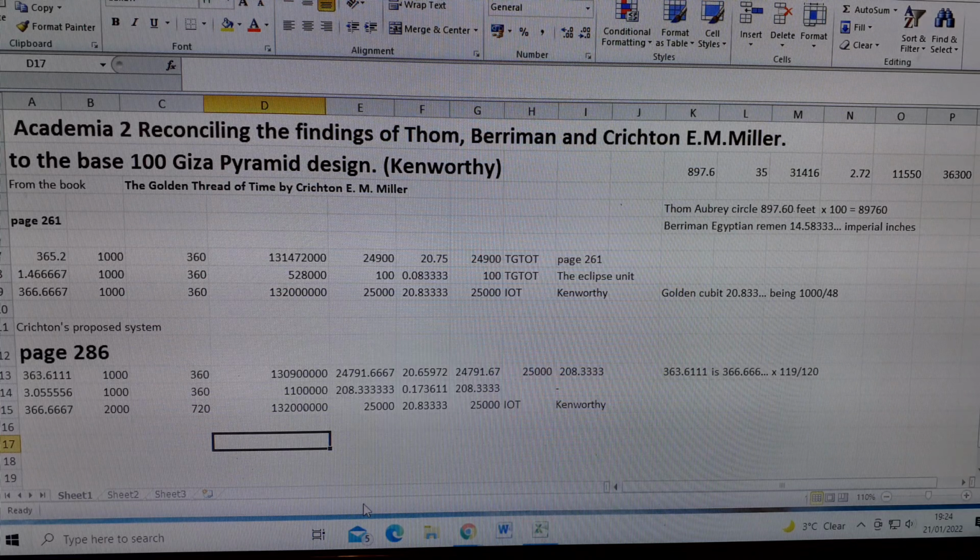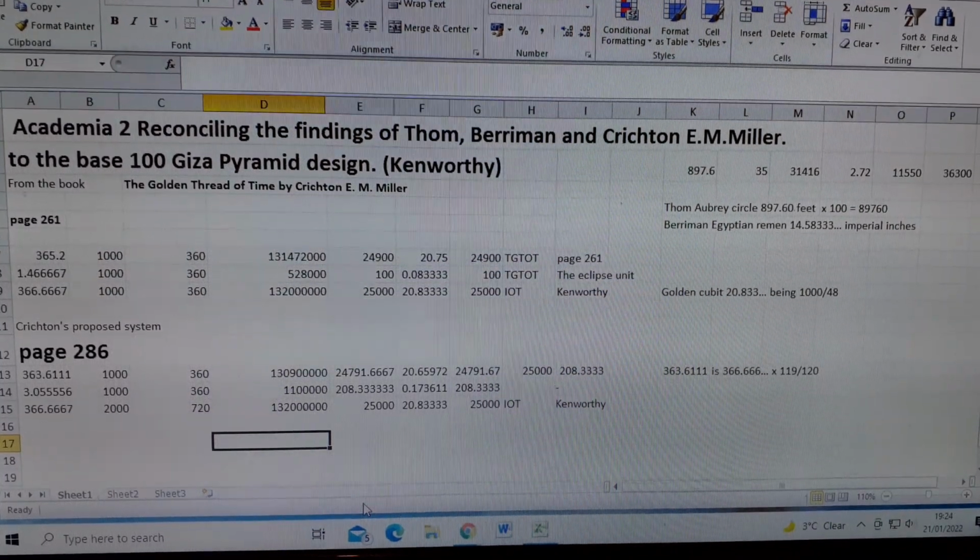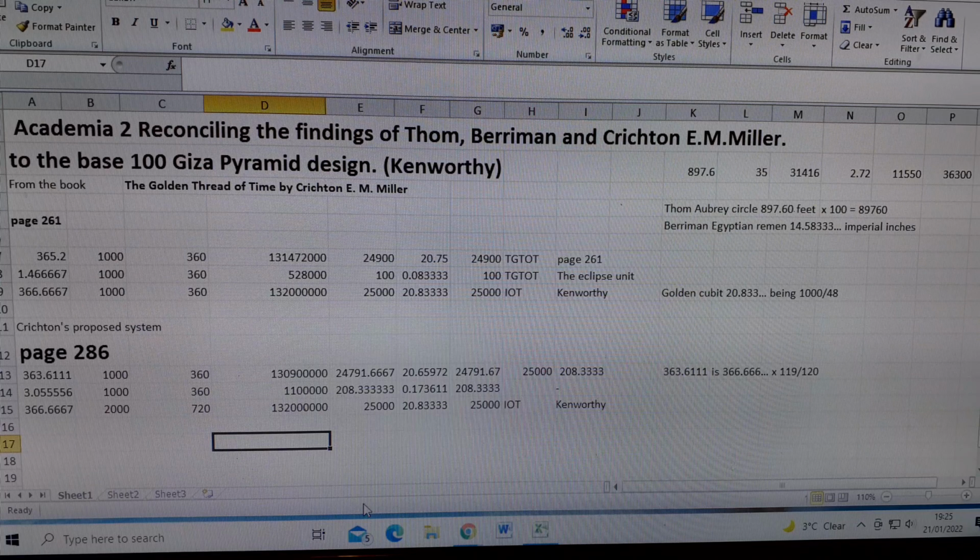Now, he's suggesting that 62,832,000 sacred cubits of 25 imperial inches make the Earth's circumference. Absolutely brilliant. So let's have a look at what that is.